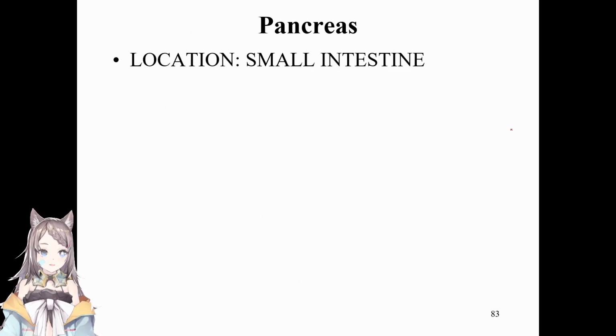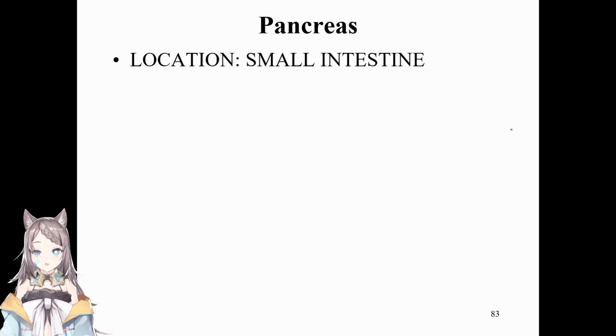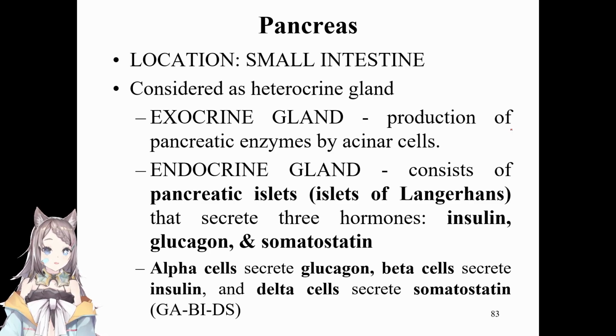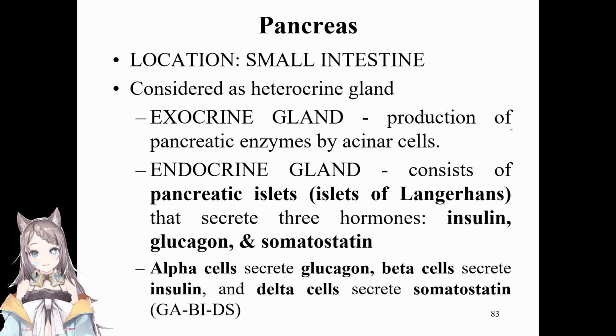Pancreas, let's talk about the little yellow thing inside your GI tract. Your pancreas is located near your small intestine, and it is also called a heterocrine gland. It is an exocrine gland, producing pancreatic enzymes by acinar cells. These enzymes are pumped inside your GI tract.